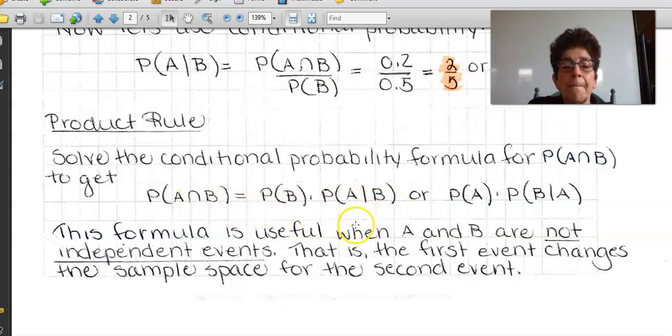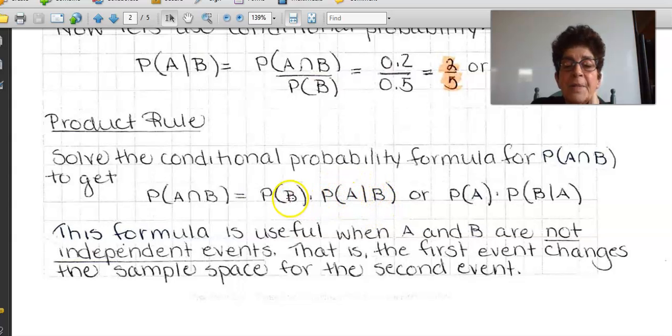This formula is useful when the two events are not independent. That is, when the first event changes the sample space for the second one. So the probability of the second event changes. The way I have it written here, the probability of A and B occurring is the probability of the first event B, or A, depending on which comes first, and then the probability of the second event.